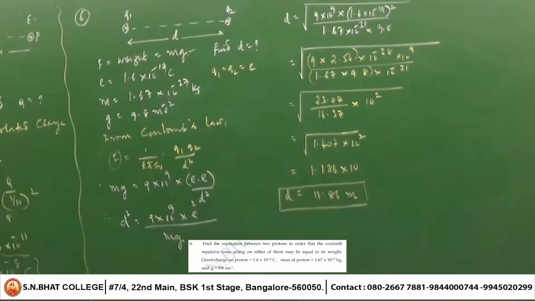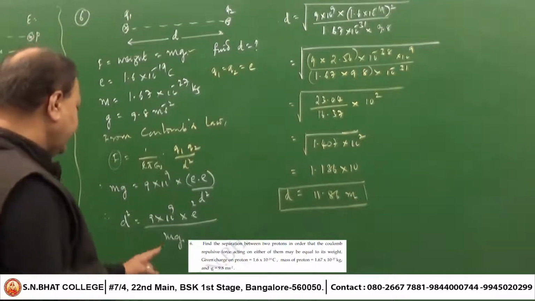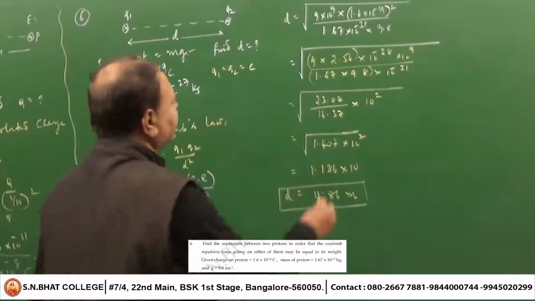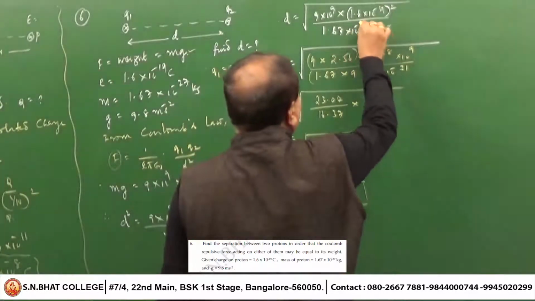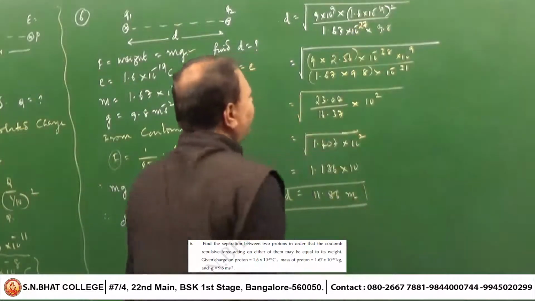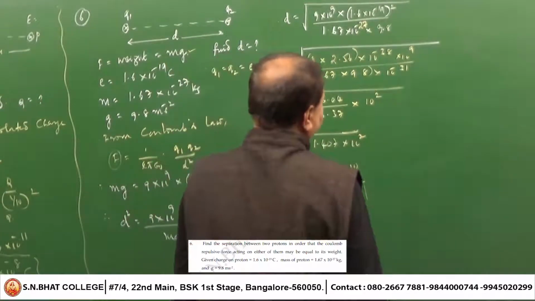Somewhere we have gone wrong, and m is equal to 1.67 into, I have written this as minus 31, but this is minus 27, okay? Not 31, that's the charge.